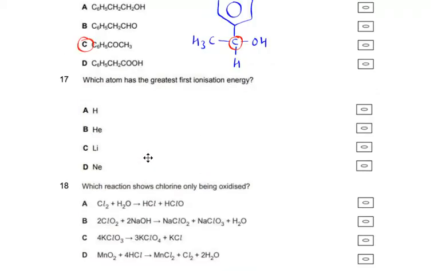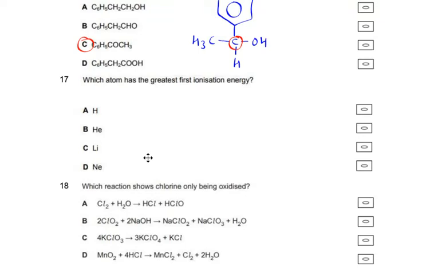Question 17 is asking about the work we covered in Atomic Structure Part 1 on ionization energy, and it's comparing the ionization energies of different elements. The first ionization energy increases across the period due to the increase in proton number. The elements have their outer electron in the same shell and they have similar shielding.